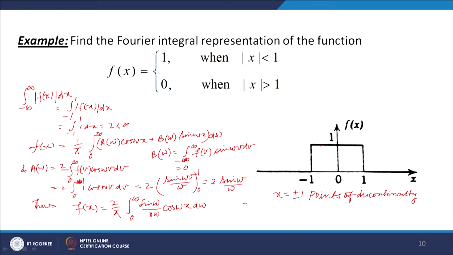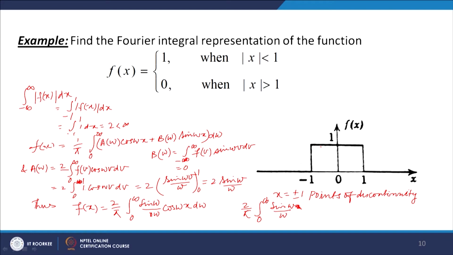So, we have 2 over pi integral from 0 to infinity of sin omega over omega times cos omega x, and when x is equal to 1, cos omega x is cos omega, when x is minus 1, again cos omega x is cos omega.